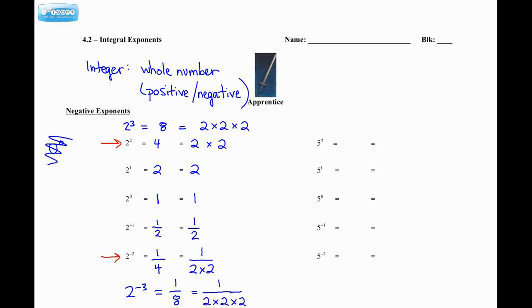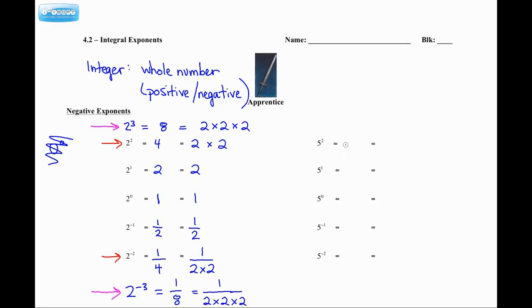Okay. So I'm just going to change color here. So this matches or corresponds with this one. So 2 times 2 times 2 versus 1 over 2 times 2 times 2. So hopefully you can see a bit of a pattern. If you can't, well, that's what more examples are for.